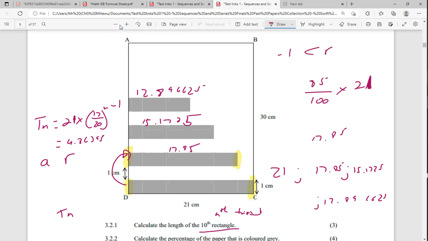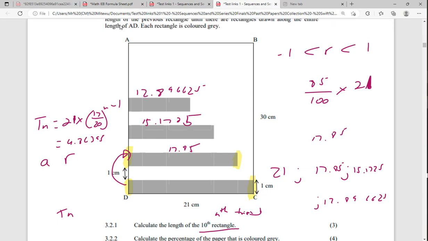Now I want to point something out. You'll notice that R in this particular case is greater than -1 but less than 1. You may be tempted to think, oh, geometric series, sum to infinity. The reason it's not sum to infinity is because there is no mention of infinity.